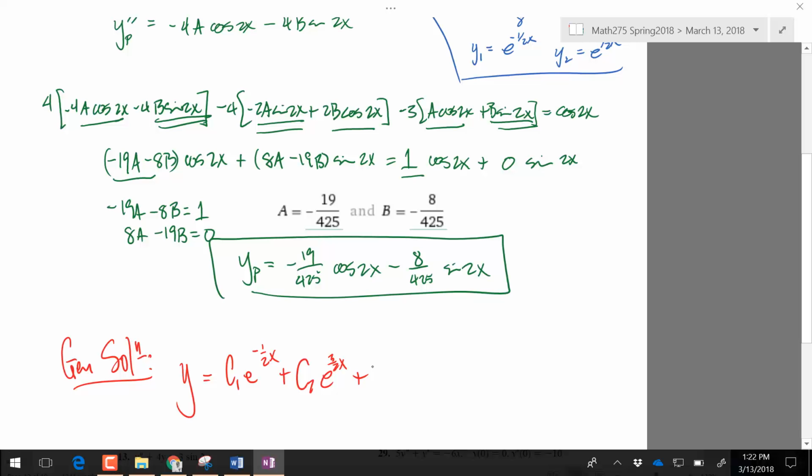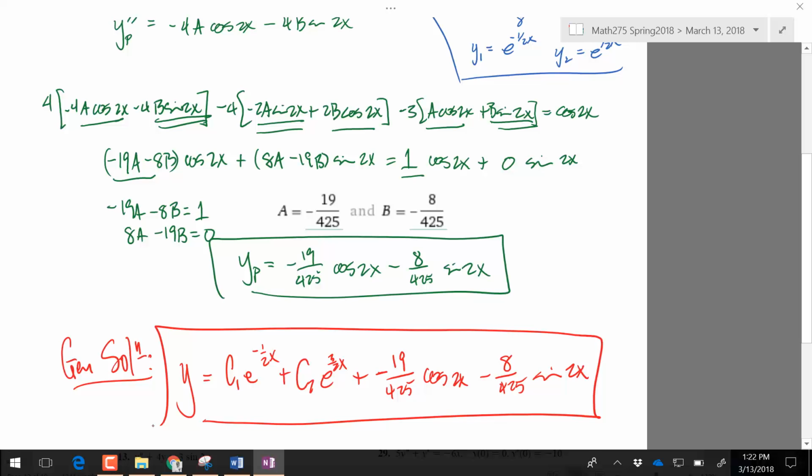And then now the particular solution is minus 19 over 425 cosine 2x minus 8 over 425 sine 2x. Okay. Any questions?